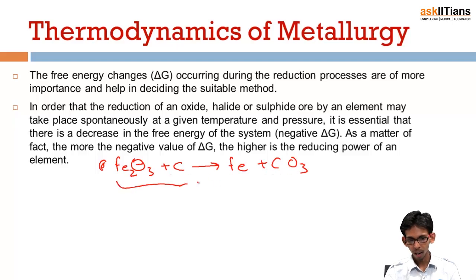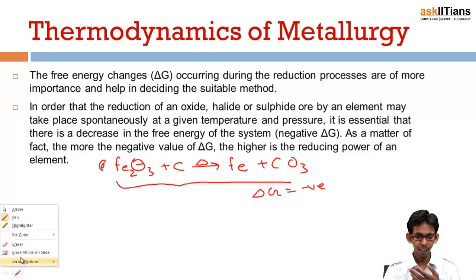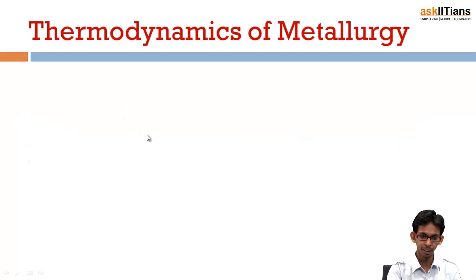If I want to use coke for reduction of iron oxide, I will see this reaction, and if I find that delta G for this change is negative, then only this reaction is possible, otherwise it is not possible. I cannot use carbon for this process, and I have to use the electrolytic method. The more negative the value of delta G, the higher is the reducing power of an element.